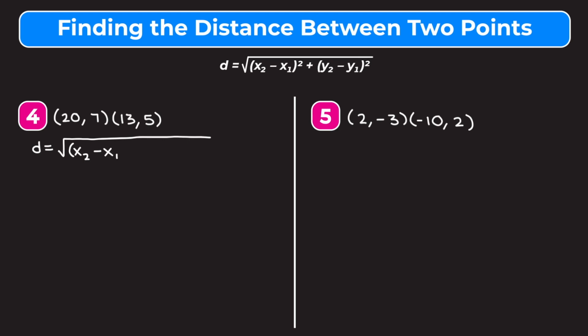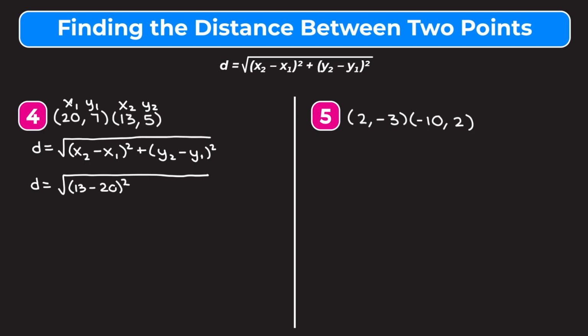So we have x2 minus x1 squared plus y2 minus y1 squared. I'm going to label our points x1, y1, x2, y2, and I'm going to start plugging in our values. So x2 in this case is 13 minus x1, which is 20.